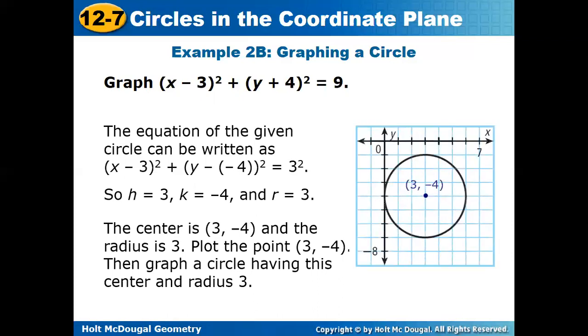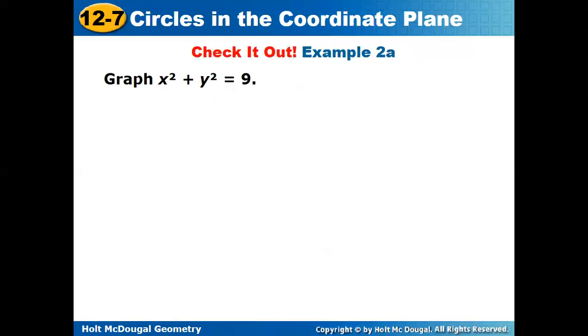It will be like this. Okay, now we also have 2 questions to check it out. You can use any way you understand to solve the 2 check it out questions, okay? The first one, stop the video and solve it alone, please.